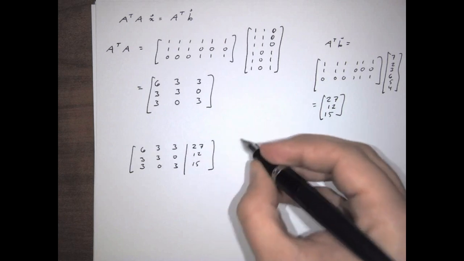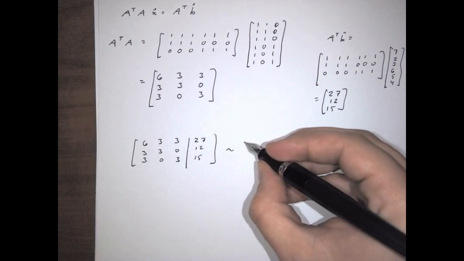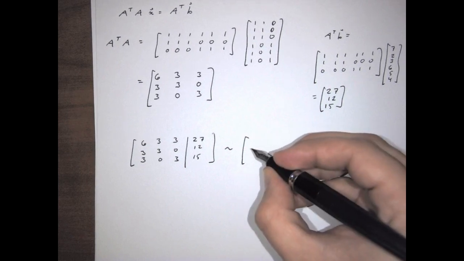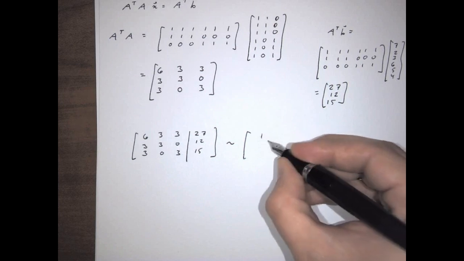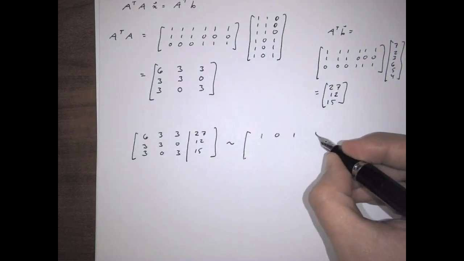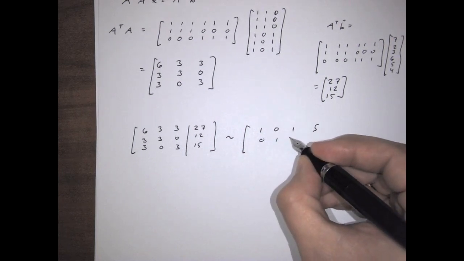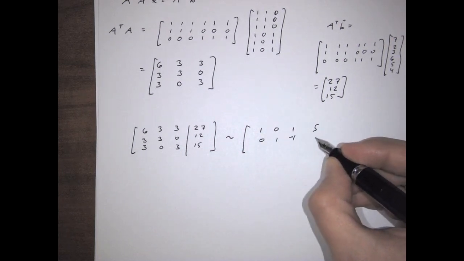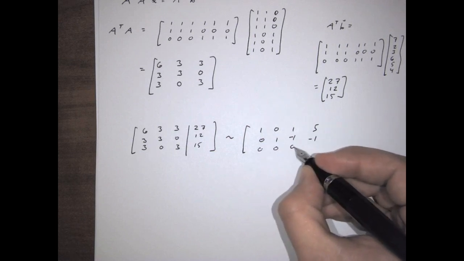So this is where we are, and we row reduce. And when we do, I'll leave it to you. It's a matter between you and your calculator to find out. But you can confirm, hopefully, that it'll be 1, 0, 1, 5, 0, 1, 1, negative 1, negative 1, and 0, 0, 0, 0.